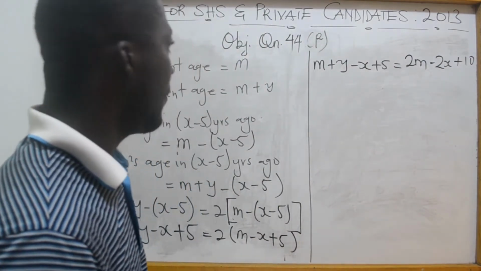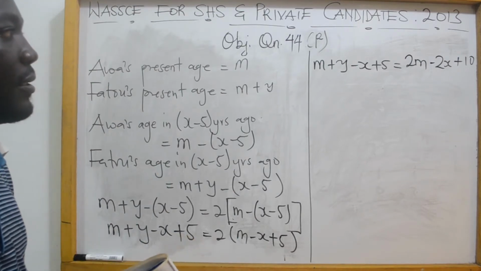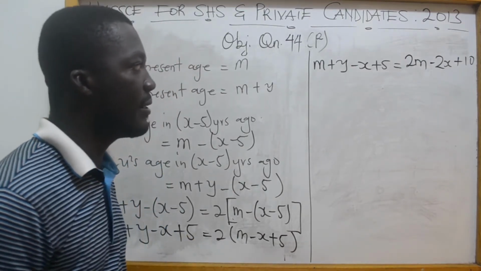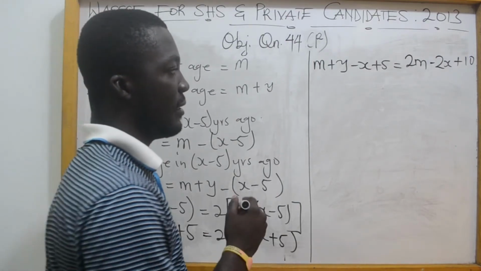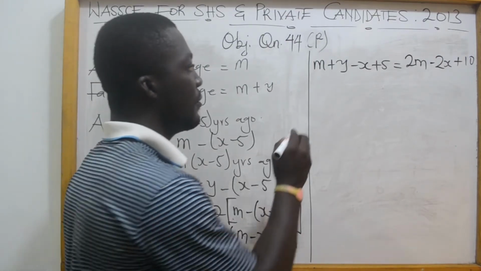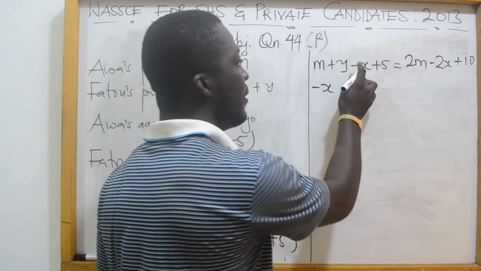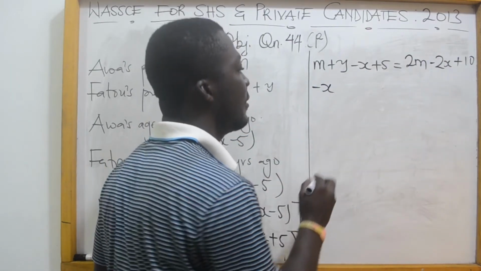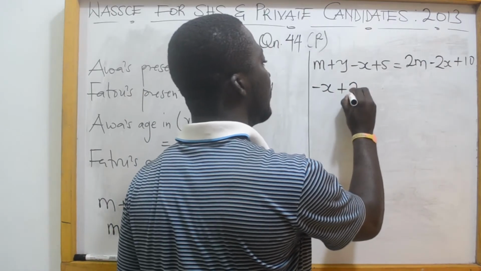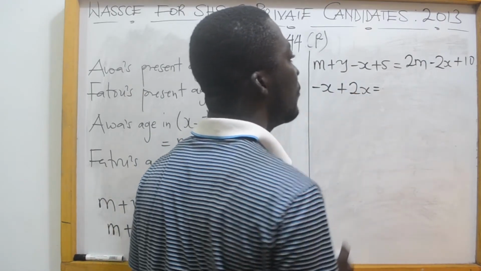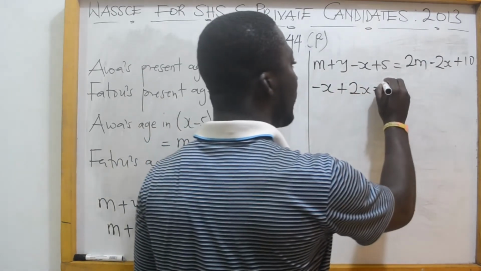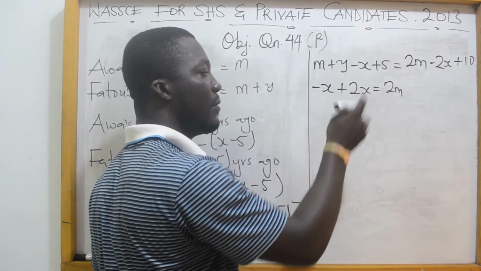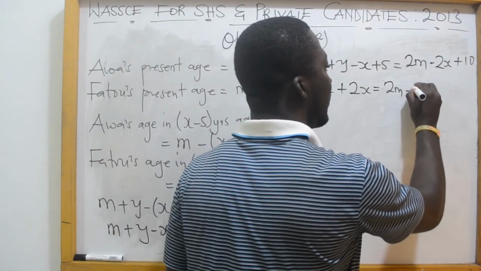Then we want to make x the subject. So let's group all the x's at one side, the left hand side of course. So we get negative x here, we leave this one there and transpose the negative 2x to the left hand side. That one will be plus 2x is equal to, we already have 2m there, then this m will be transposed to the right hand side, negative m.